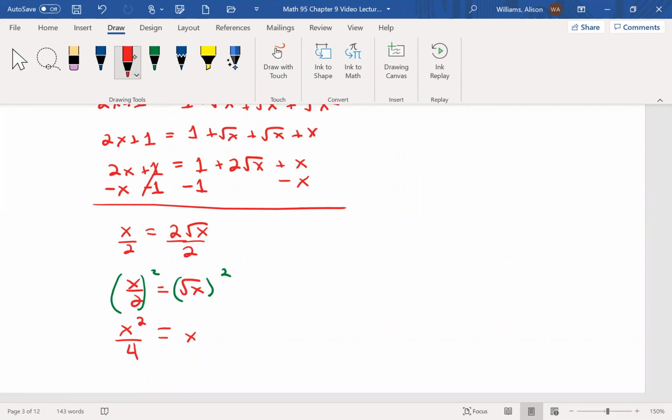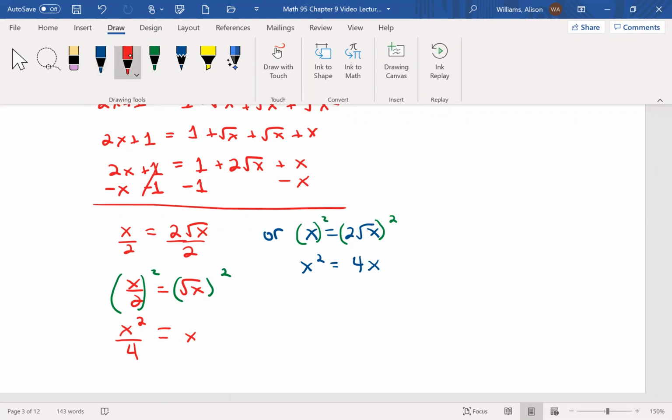Now, I just want to come back up here. We could have done it a little bit differently. Here, let me do it in blue, actually, because I'm going to check my answer in green. If I had been working with x equals 2 square root of x, I didn't have to move the 2. I could have just squared it right from here. What that would have done is give me an x squared on the left. And on the right, the square root is going to go away. It's going to be an x, but the 2 is going to square, and I'm going to be left with a 4.